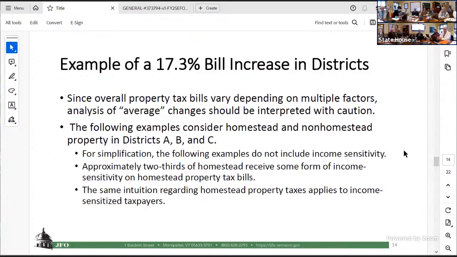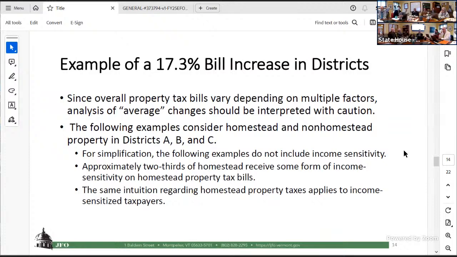The following examples consider homestead and non-homestead property in the districts that we just calculated the rates for, A, B, and C. As I mentioned up front, the following examples do not include income sensitivity because I didn't think there would be enough time in today's presentation to dive deeper into that. But we can talk about it if there are questions, of course.